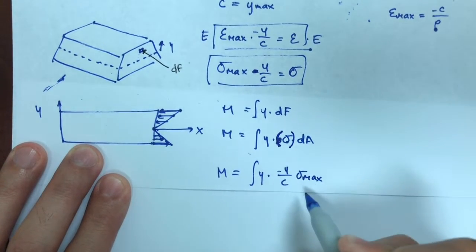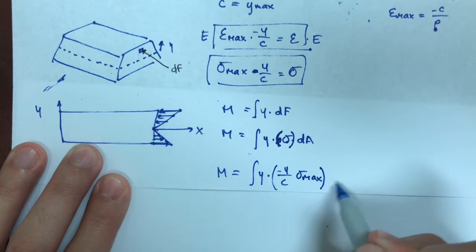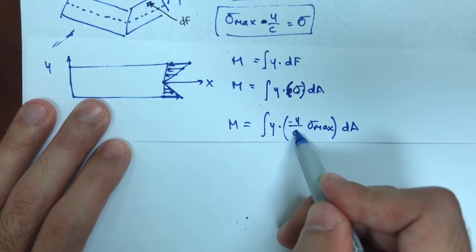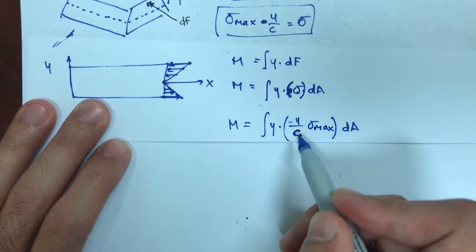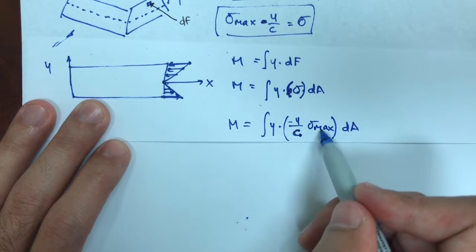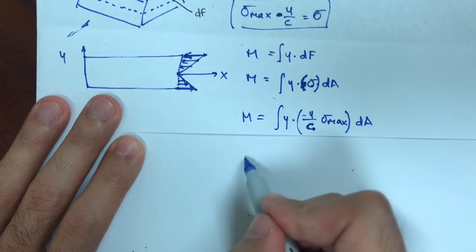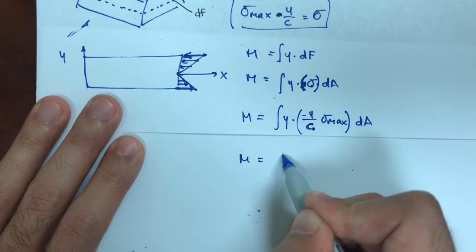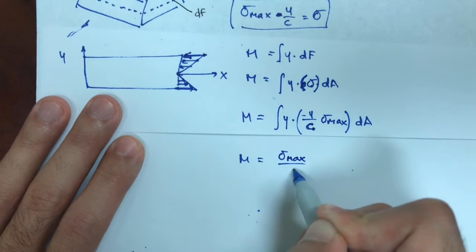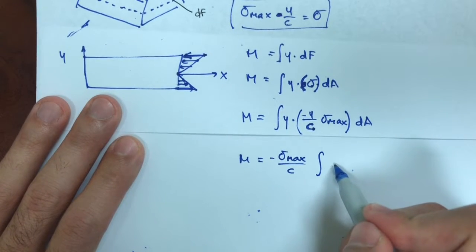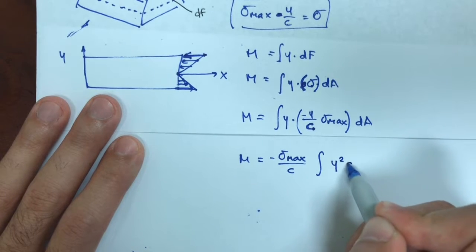All I'm replacing here is sigma in terms of sigma max. Since C is the maximum y, and that's constant, and the sigma max is whatever this value is, and that is also constant, those can come out of the integral. So I would have sigma max over C times the integral, or negative, times the integral of y squared dA.